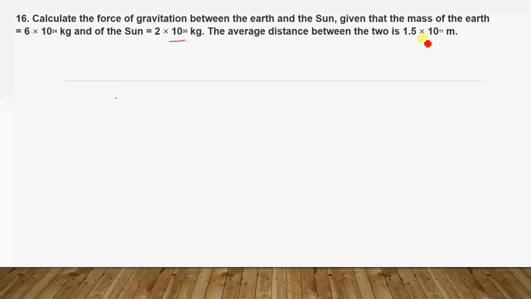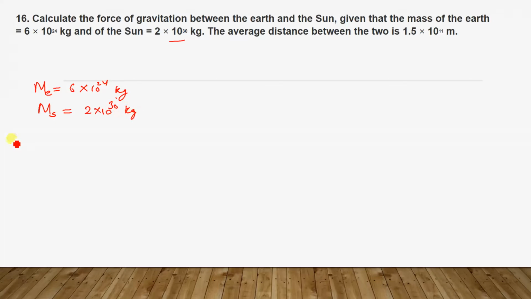So everything is given. We have to just write what are the various things given and we will apply the appropriate formula. So dear, here mass of Earth, we will denote it as M_E. It is 6 into 10 raised to power 24 kg. Then mass of Sun, we will put suffix S, it is 2 into 10 raised to power 30 kg, very heavy.